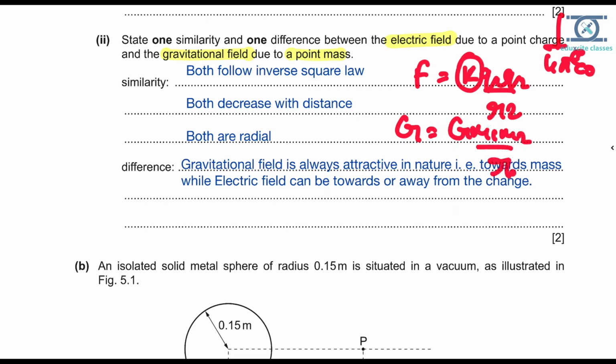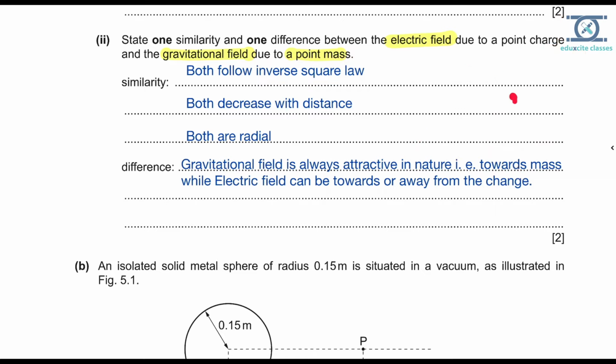So they both follow the inverse square law. It means they are both proportional to 1 upon R square. Both decrease with distance: as you increase the distance, the field decreases. Okay, so both are radial. You can write any one.